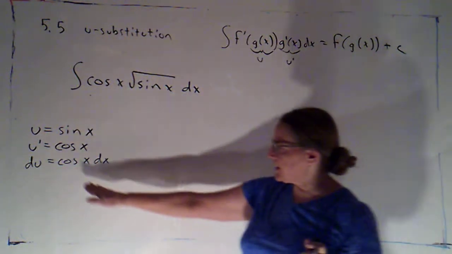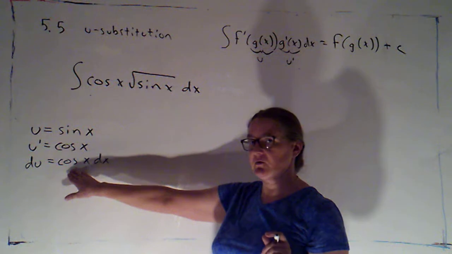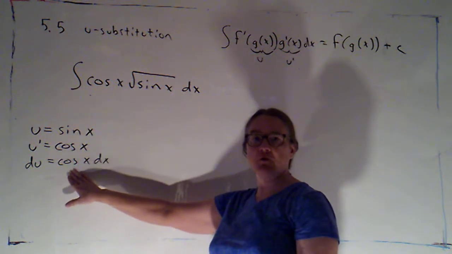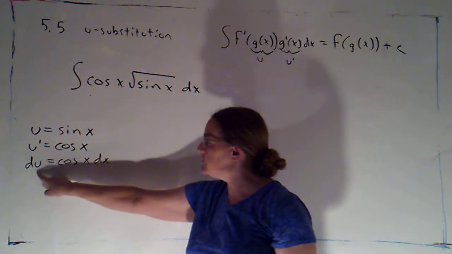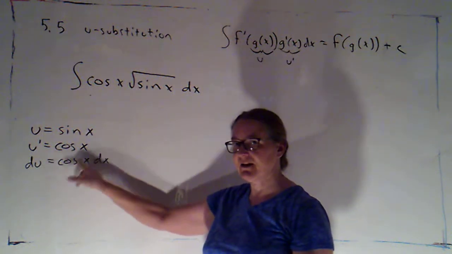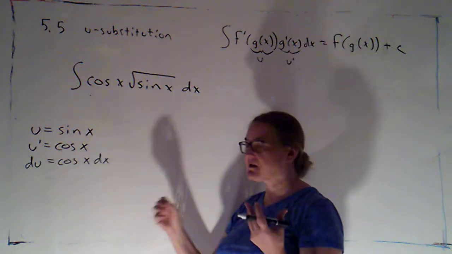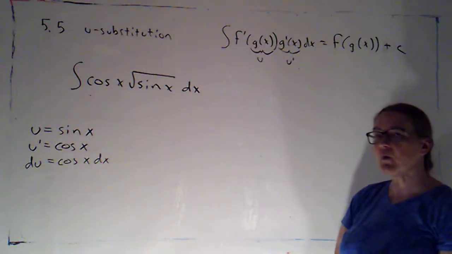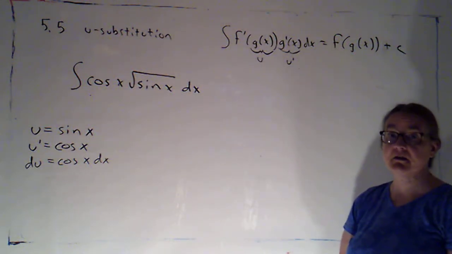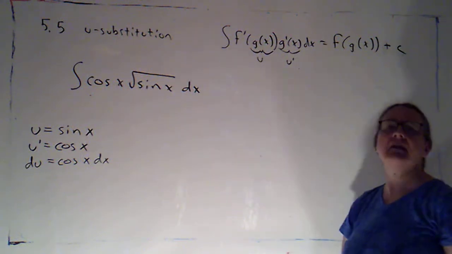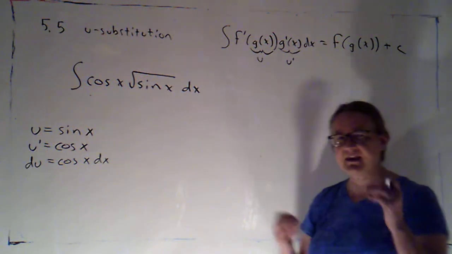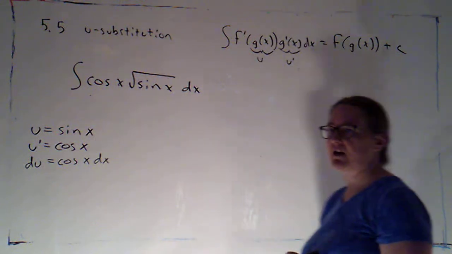Now, I promise we're going to talk a little bit more about this notation after we've done a few more examples. But it will always be the case that du is just u prime times dx. That's the relationship between these things that we call our differentials. We'll return and talk about the meaning of that when we do an example with a definite integral, because I think it makes a little bit more sense in that context.